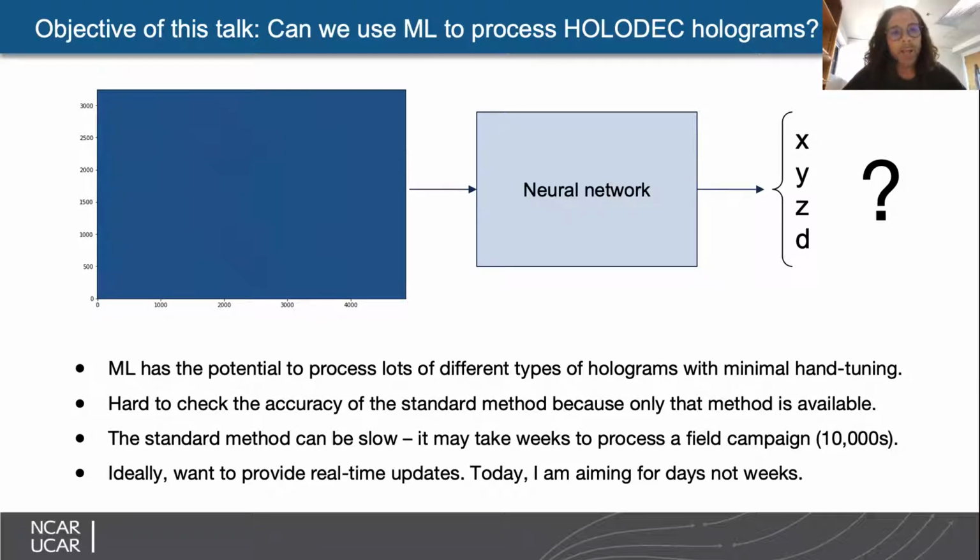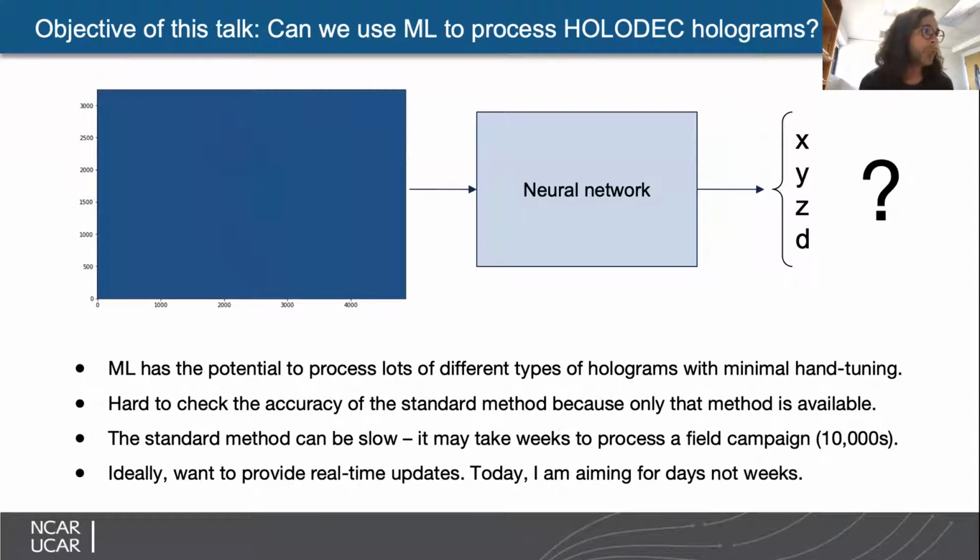Today I'm mainly going to show you results that have liquid particles, but we are optimistic that in future studies, a neural net will allow more flexibility in learning different things in the holograms without having to use custom and fine-tuned rules.